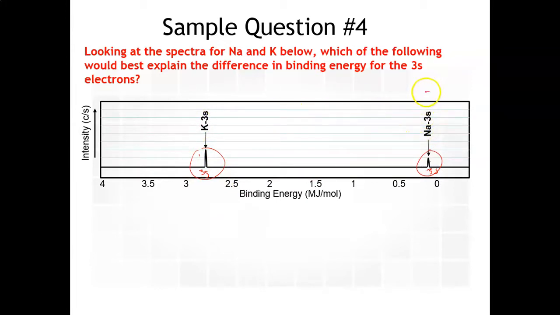Sodium ends at 3s1. That is the ending. Potassium goes 3s2, 3p6, and then 4s1.